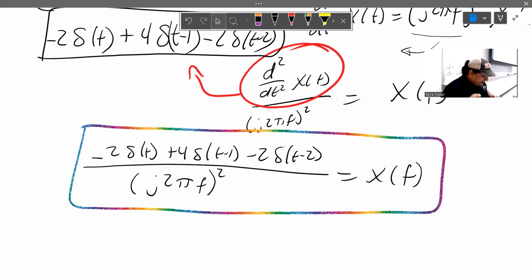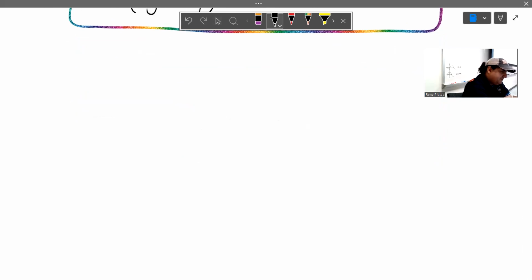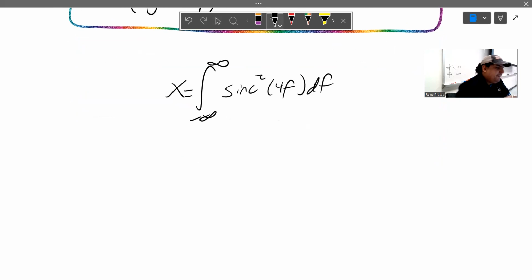Let's continue. Evaluate using Parseval's theorem. Parseval's theorem states... well, let's write down the question first. X is equal to the integral from -infinity to +infinity of sinc squared 4f df.